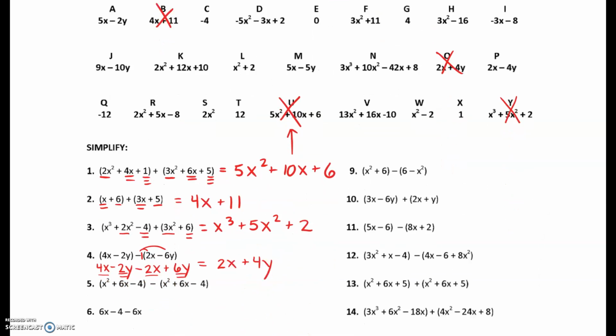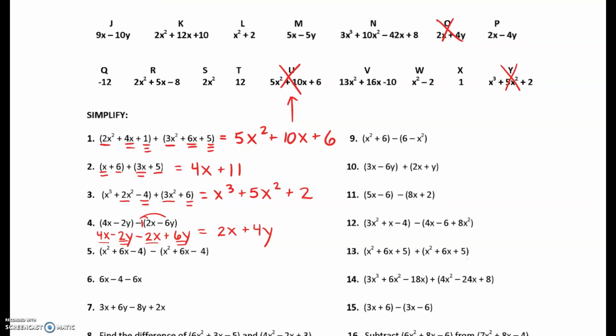Okay, number 5, very similar process. We have the first polynomial, which will not change, and since it is a subtraction problem, we will change every sign in that second polynomial. What you will notice once you change those signs, you have a +x squared and a -x squared. They cancel.